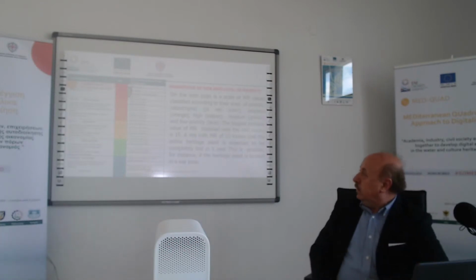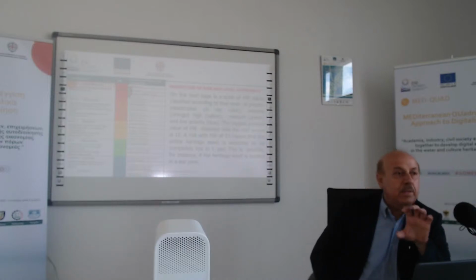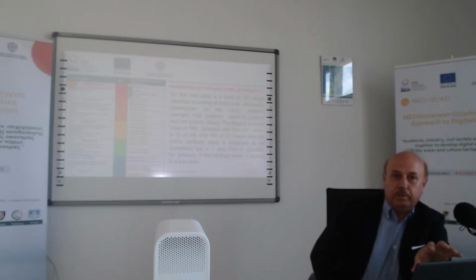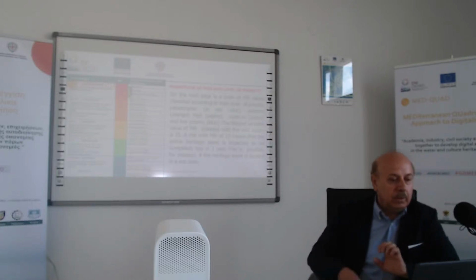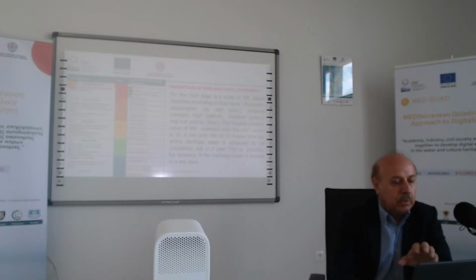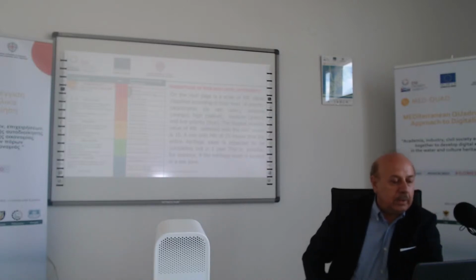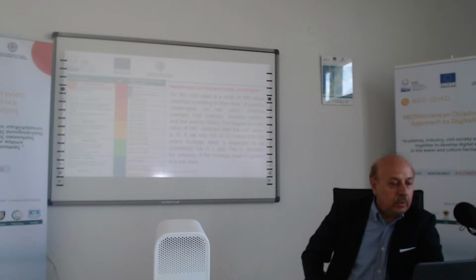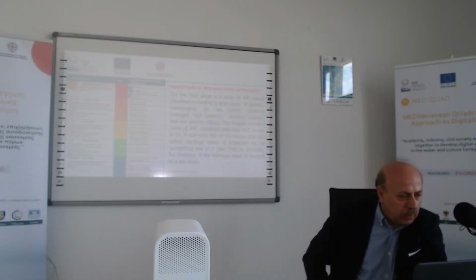You can see here five colors that mean the magnitude of the risk, and the priority to conserve or restore an object, archaeological site or cultural heritage. You have to follow these things. For example, the blue one, the green one, the orange, the yellow, the extreme one.